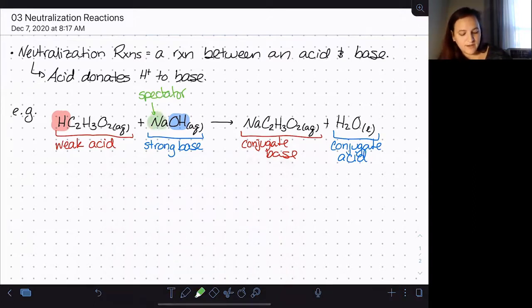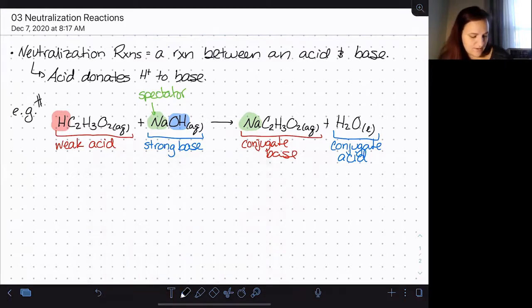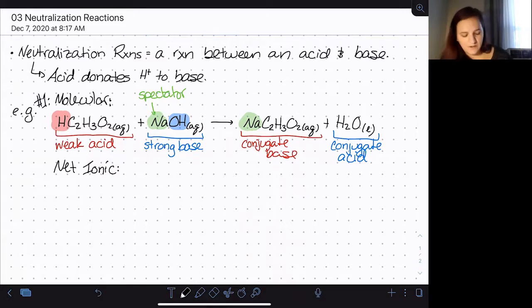If we recognize here that sodium is a spectator ion, that in both cases it's part of an aqueous compound and it's not really doing anything, we can write the net ionic version of this. So this was our molecular equation. We can write a net ionic version as well that just removes that spectator ion.